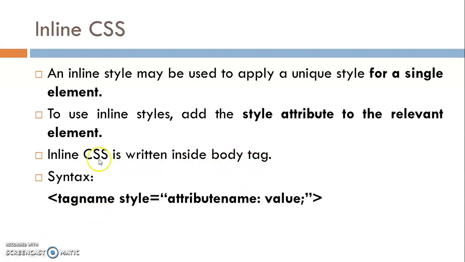Syntax: tag name, then style attribute equal to property name, then colon, value, then put a semicolon, and this whole is written between double quotation marks.